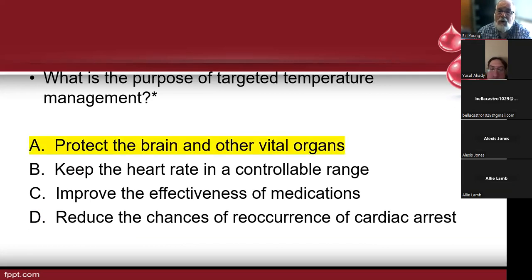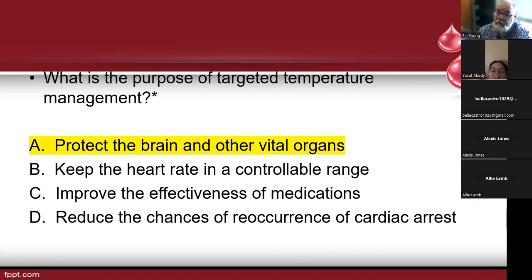So how aggressive, Yusef, do we get pre-hospital wise as far as trying to cool our patients off? We're not really going to get that target range of 32 to 36 degrees Celsius pre-hospital, but we should try to start initiating it before arrival at the hospital.